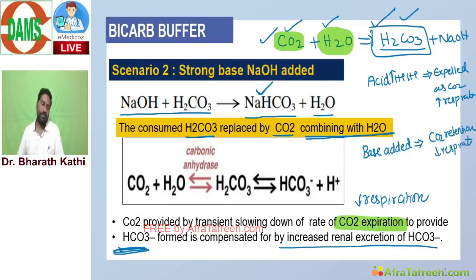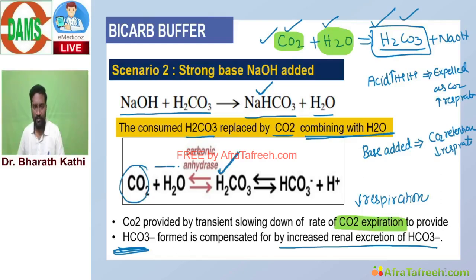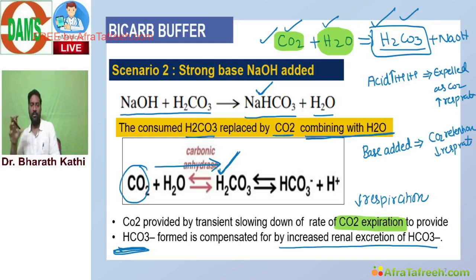Why should CO2 retention happen? Because the base is ultimately going to react with this carbonic acid. There will be movement of this equation in this direction, because CO2 is more required to replace the consumed H2CO3. What happens is CO2 will be retained in the body, so the respiratory rate transiently can decrease.